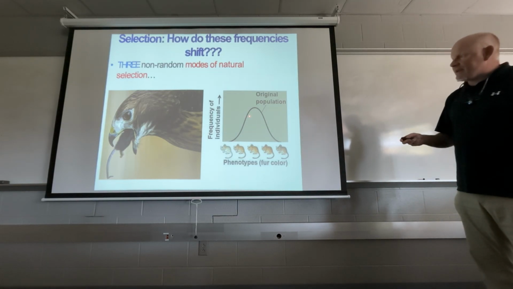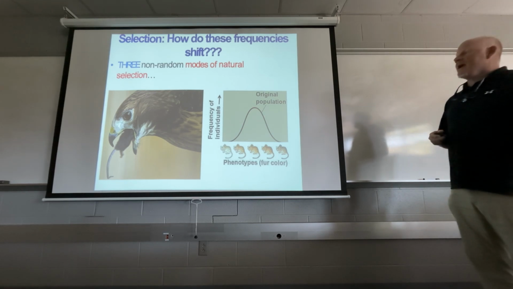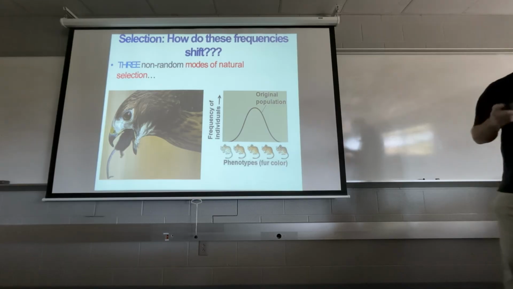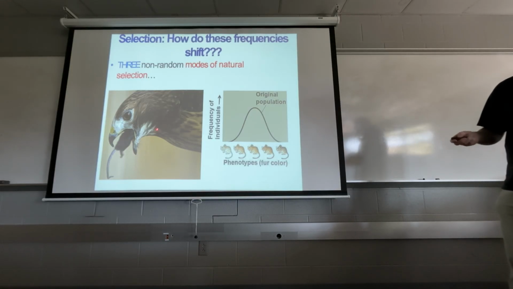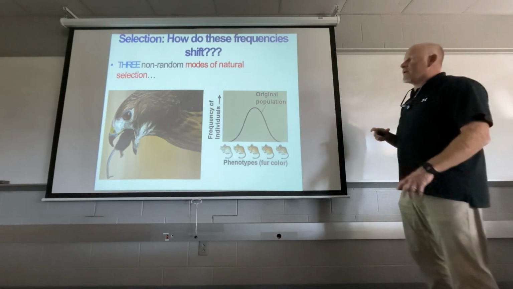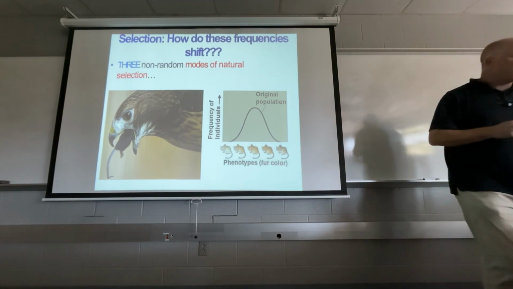We obviously start off with an original population that looks like this. And selection is going to happen to this. And the selection agent in this instance is a predator. Okay, so notice the hawk here eating the mouse. So there are 3 shifts that you can see.